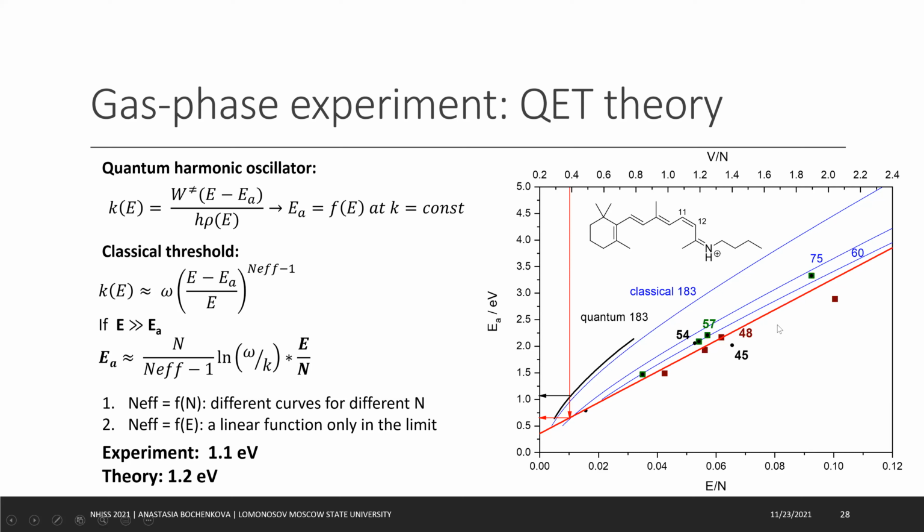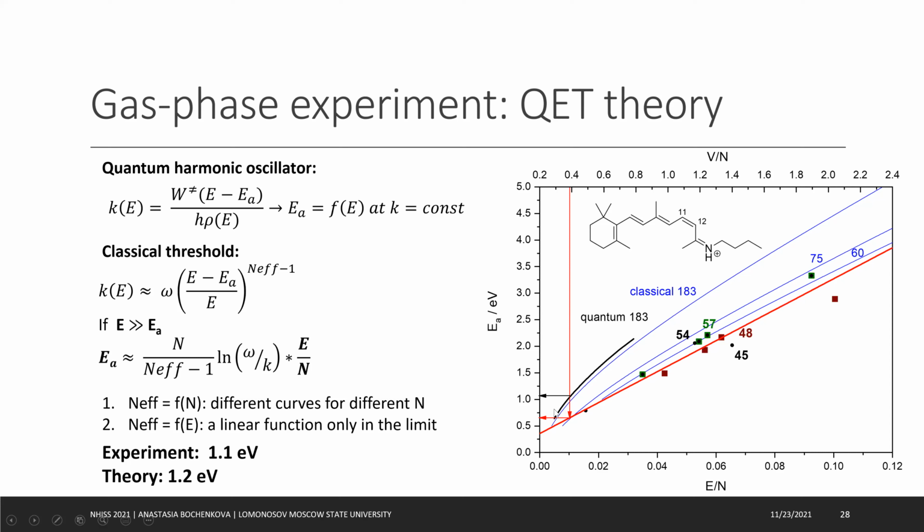So if we do it correctly, based on our theoretical basis and our calculations, then we can show that the curves that are used to correlate the voltage and the activation energy are different for molecules of different size, and the shift is quite large for the retinal. And then the next thing is that we have a bend in the very low area of this correlation curve.